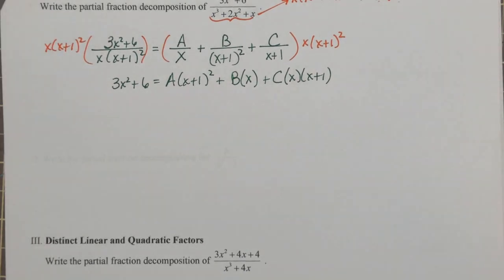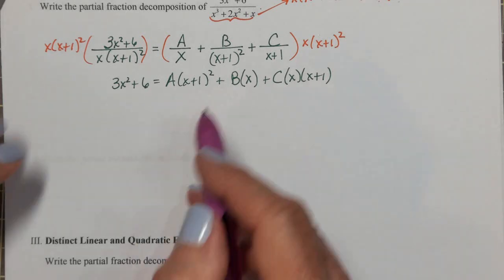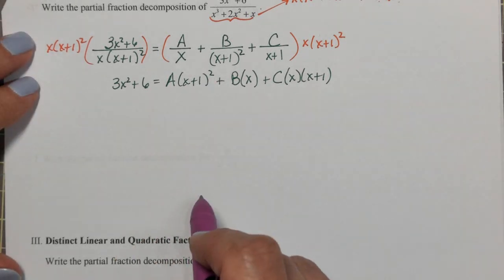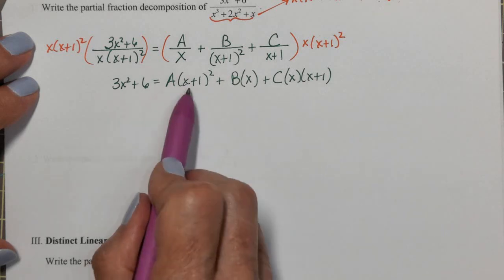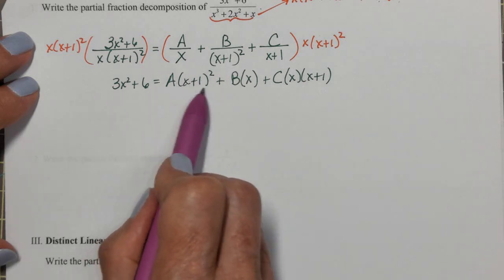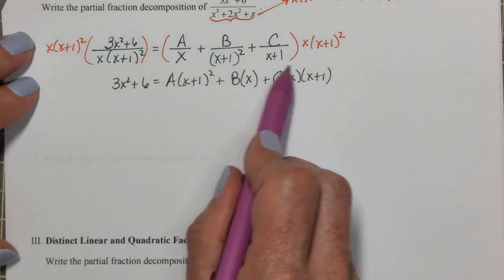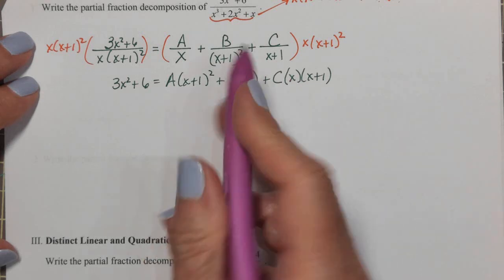Time to let things happen here. So, first of all, what is a convenient value to let x be? Well, if I let x be -1, it would get rid of this, it would get rid of this, and I'd be left with B. So let me do that.